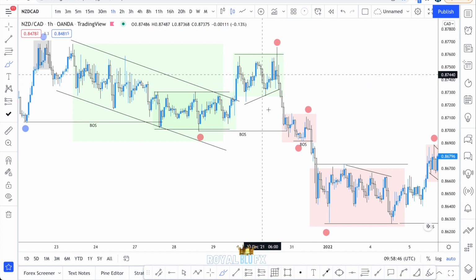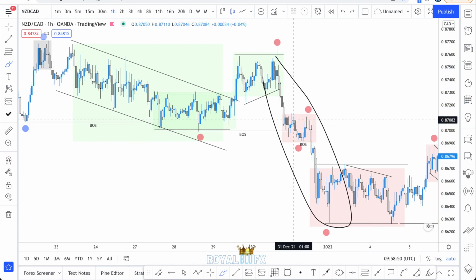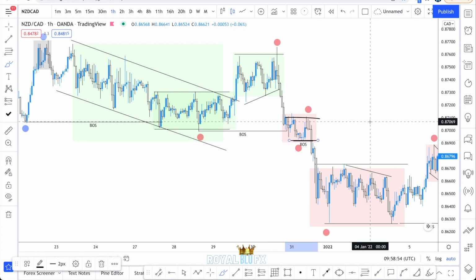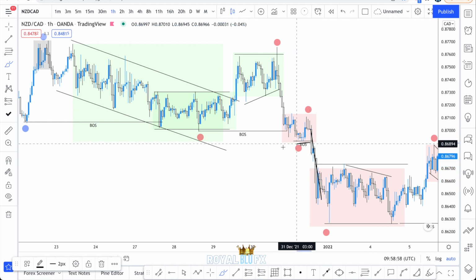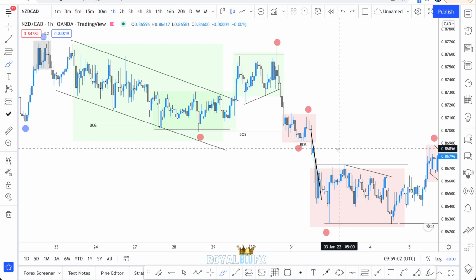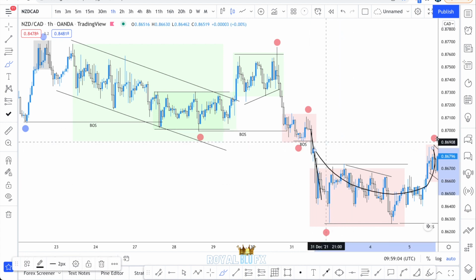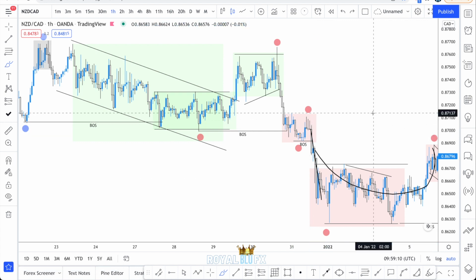You can see with this extension we have small ranges, prices going sideways equally, not going anywhere. Once that extension has appeared and taken out the buyers here, it hasn't taken out the sellers just yet. We can wait patiently for the markets to pull back and retrace back to an area like this, back to a supply area.